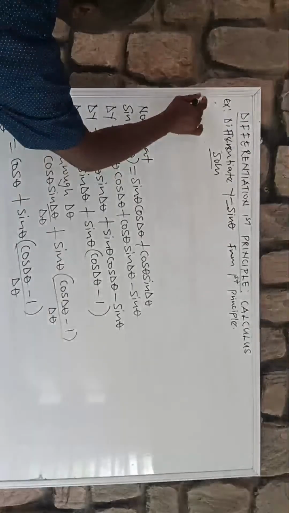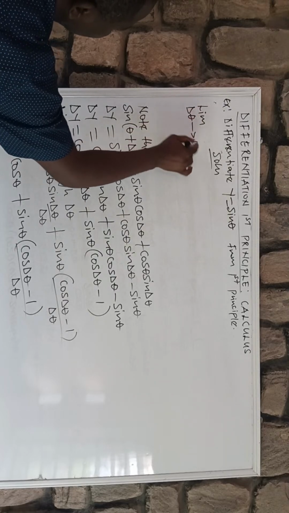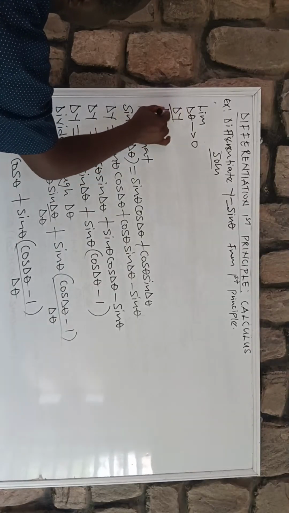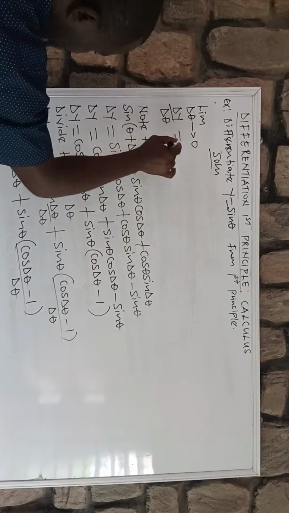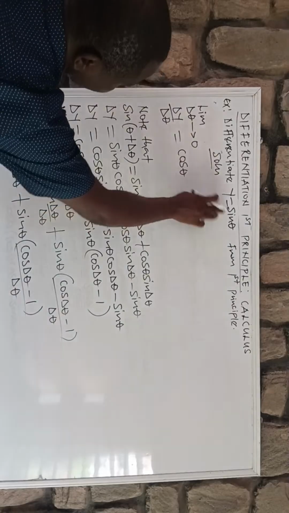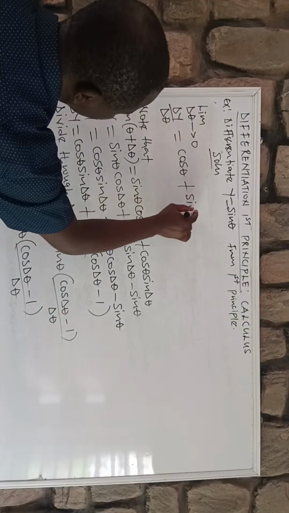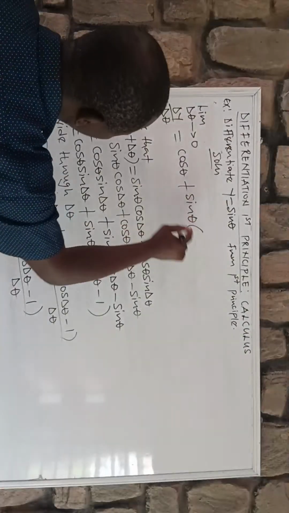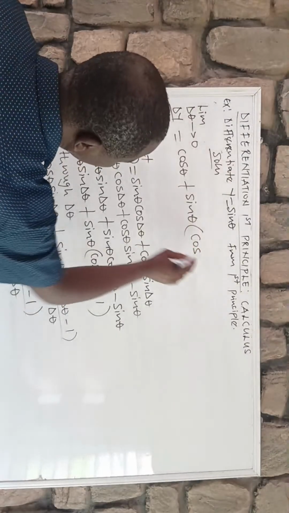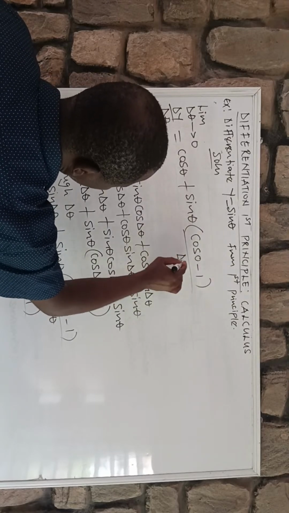So we now introduce the limit as delta theta tends to 0. It means our dy over delta theta is equal to cos theta. Ordinarily, if you differentiate sine theta, you are supposed to have cos theta. So plus sine theta, open bracket, cos 0 minus 1 all over delta theta, right?